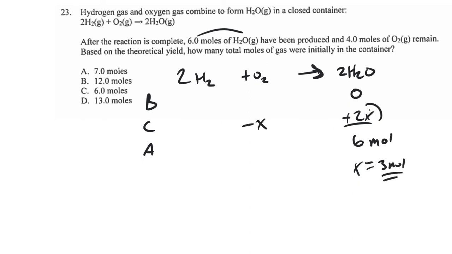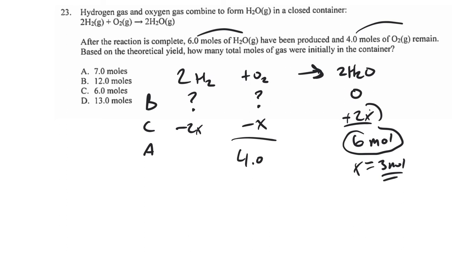And so then I'm losing x and I'm losing 2x off of my reactants. I don't know how much of these I initially had to begin with in the problem. I just know that after the reaction is complete, so after I produce the 6 moles of water, I then have 4 moles of oxygen remaining. And if the reaction went to completion, I have none of the H2 left.